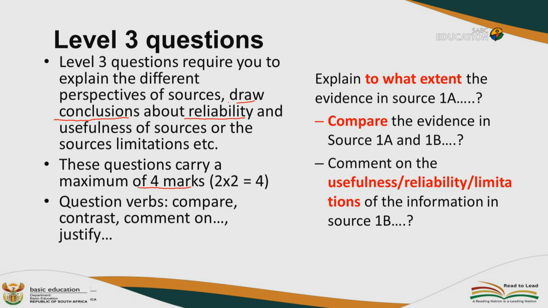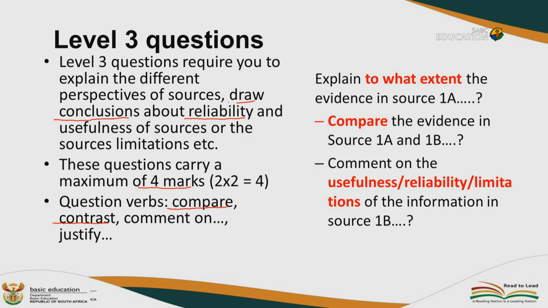Now, the question verbs that you find in level 3, you may be requested to compare information. Compare source 1A to 1B. You may get a question of contrast, wherein you look at the opposite, which is posed by the source.